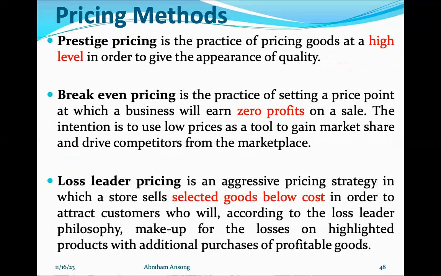Then we have prestige pricing, right? From the name, we should be able to explain. So it's the practice of pricing goods at a high level in order to give the appearance of quality. Okay, so we have this psychological effect on all of us that once price is high, that means value is high or quality is also high. So some marketers do that.